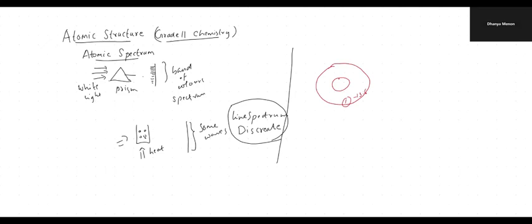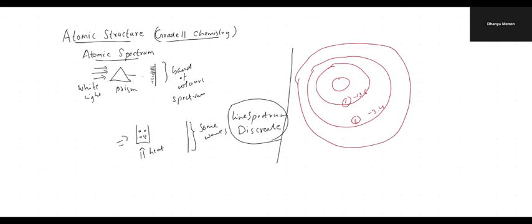The second one was minus 3.4 electron volt. The third shell, minus 1.5 electron volt, and so on. Students, these are the energies of different orbitals.